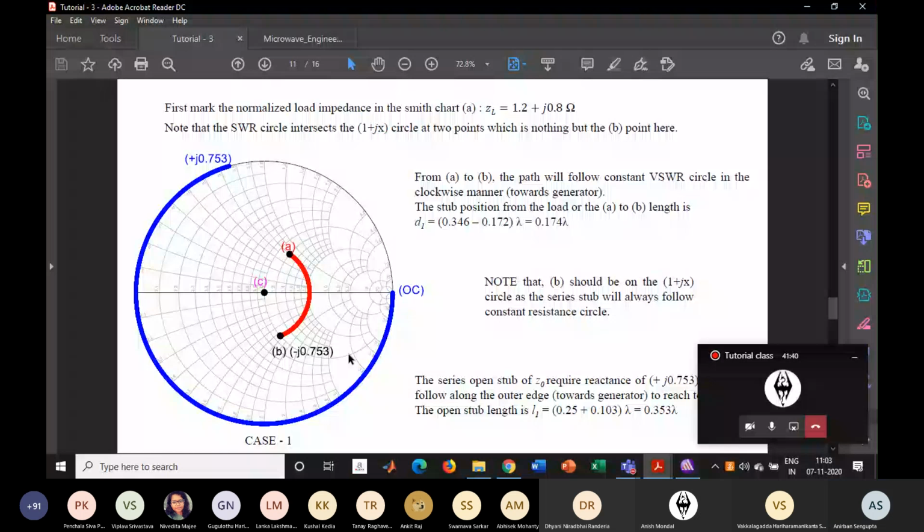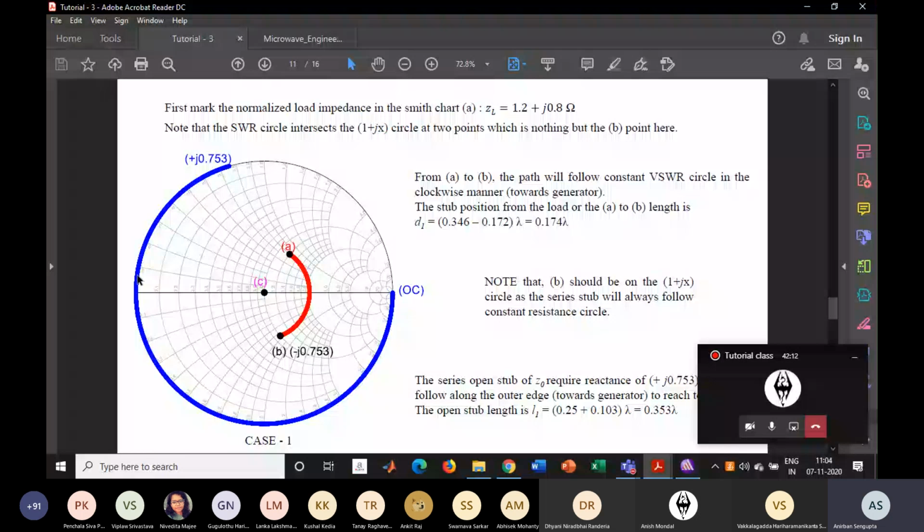And what will be the length of that open stub to find this plus j 0.753? That you can calculate from this open circuit point to this point. Here you can find the lambda value is 0.25, because the total circle is 0.5 lambda and half cycle is 0.25. From 0.25 you calculate it here, then there.